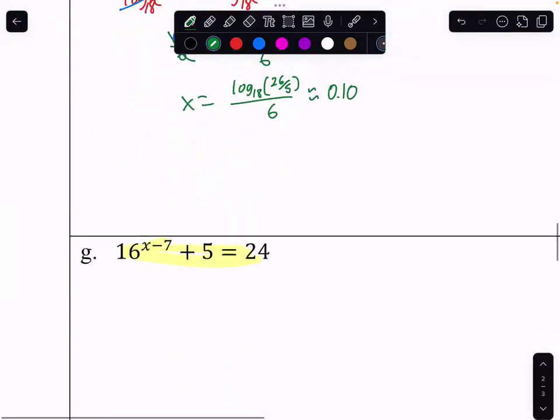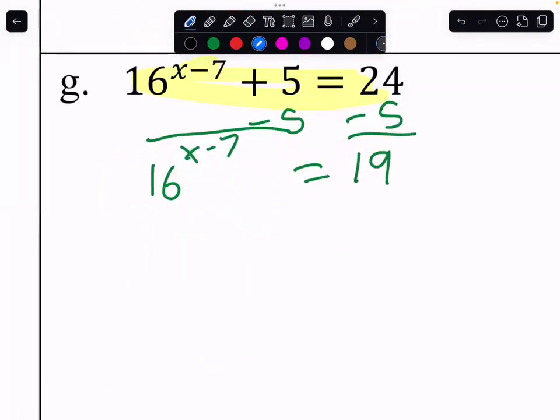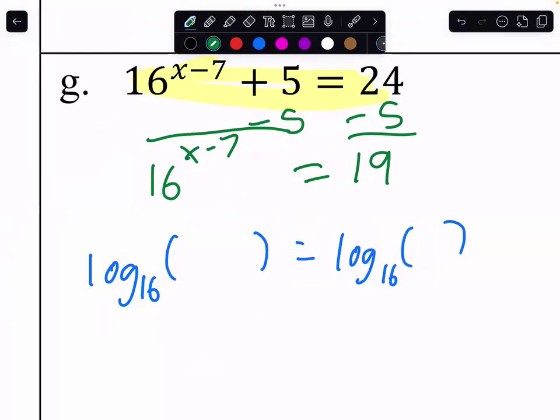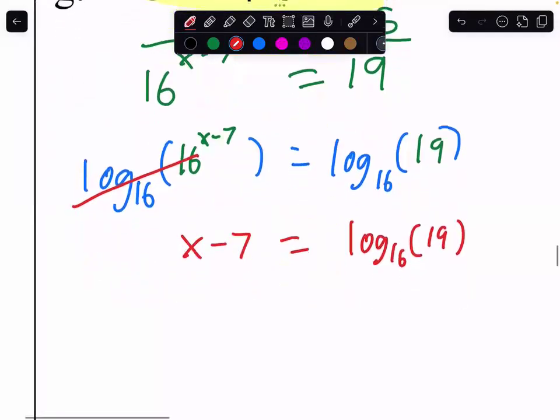Over here, we got to get rid of this +5 first. So opposite of adding 5 is subtracting 5. This time we're getting rid of a 16, so we do log base 16 of both sides. The x isn't by itself yet.